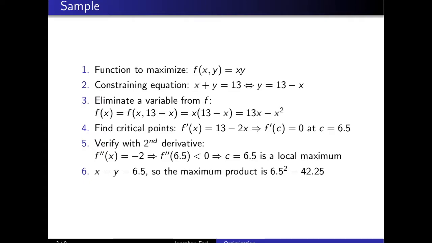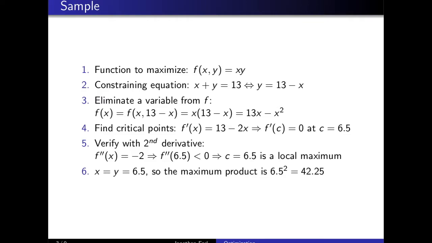We also know that x plus y equals 13, so we can rewrite this constraining equation as y equals 13 minus x and substitute that expression for y into x times y. In doing that, we reduce f down to just a function of one variable, and then we can deal with that as normal.